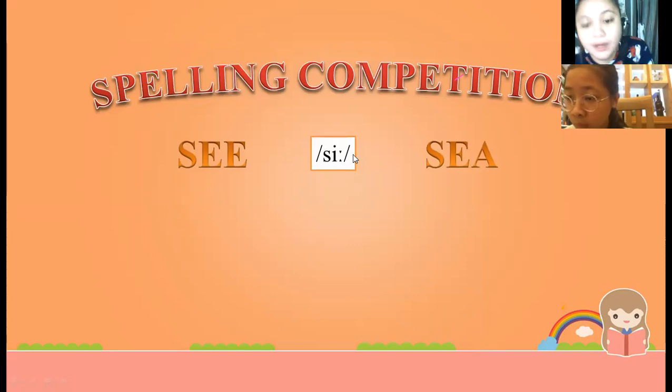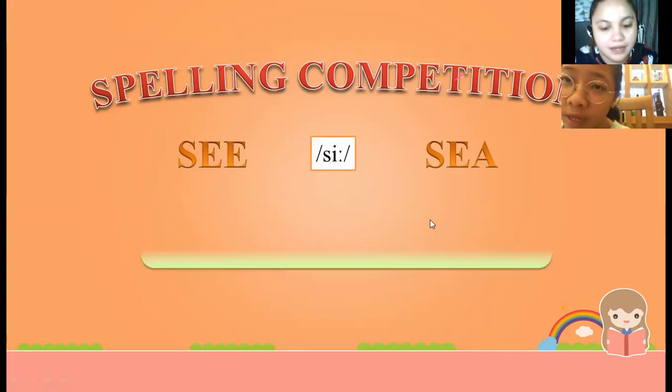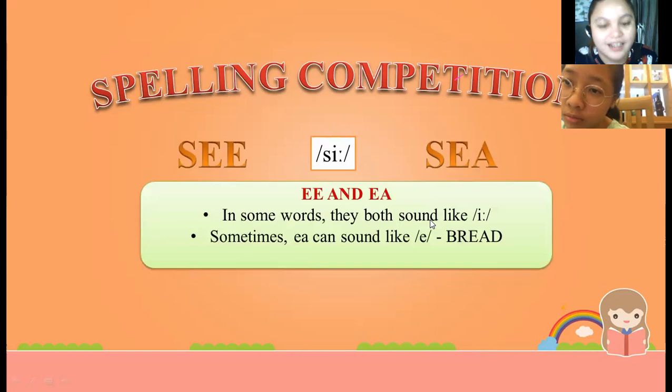What is C, Laura? What do you mean by the first C? Okay, C means look or to look at. How about the other C? A beach. Okay, very good.